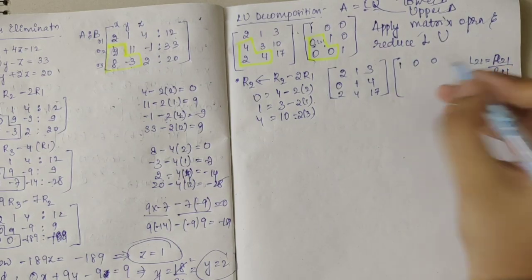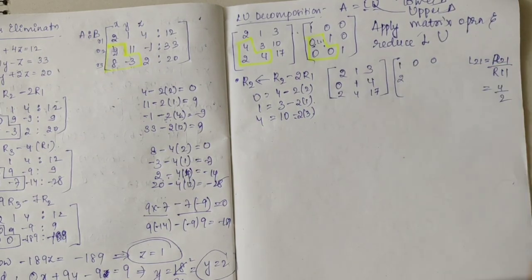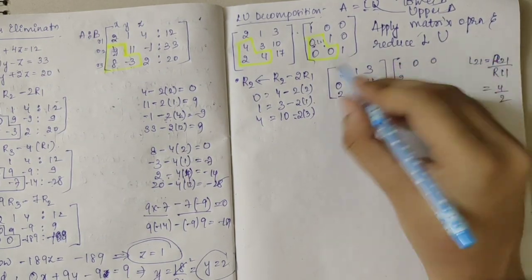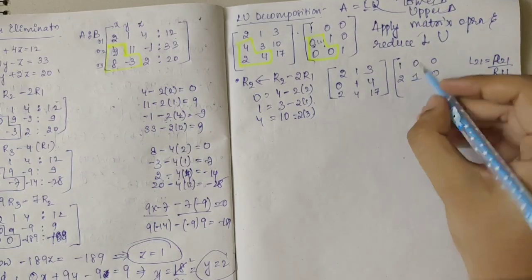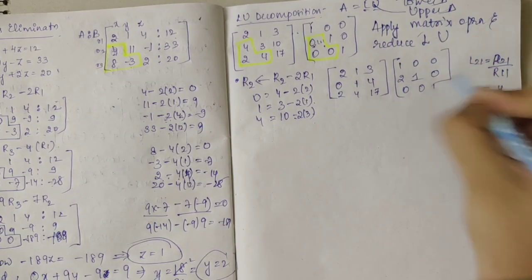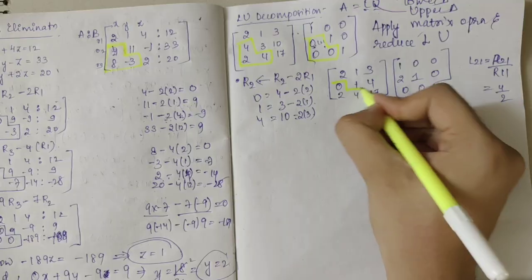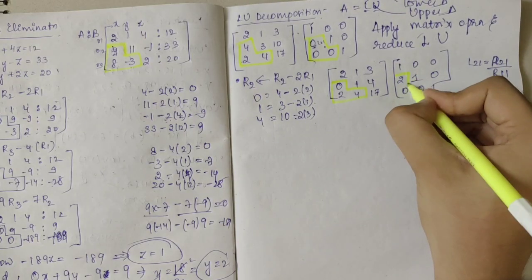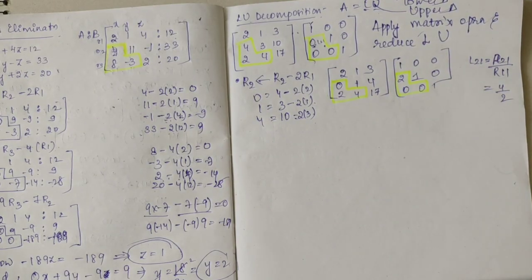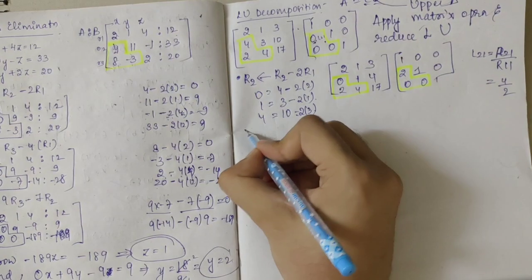So 4 by 2 is 2. So from 0, I have changed the value to 2. Then I can write 1 and 0 as it is. And below also I'll write 0, 0, 1 as it is. My aim was to get zeros here and non-zeros here. So we are done with the first variable. We have 2 more left.